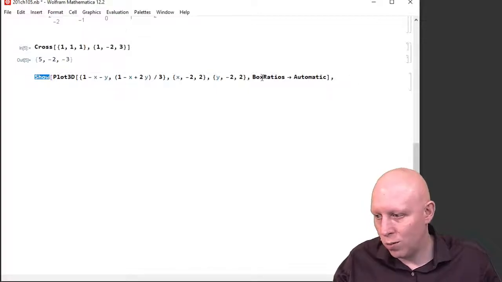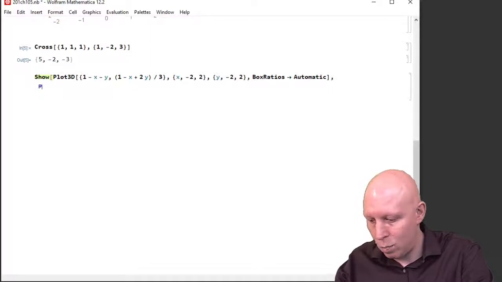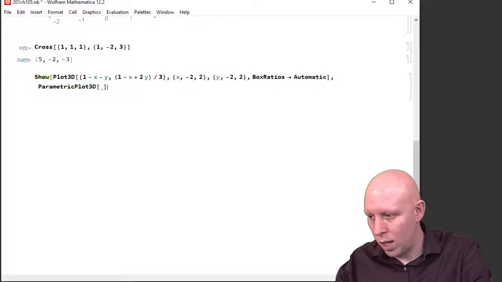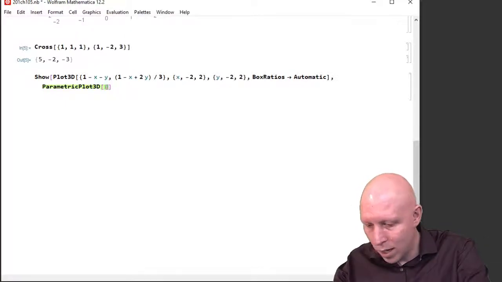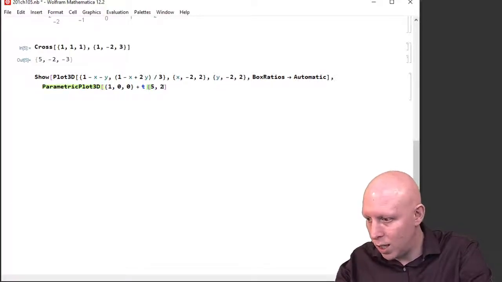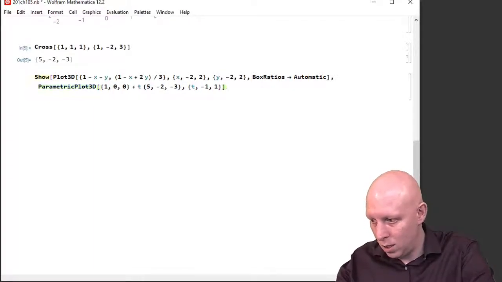So I'm going to show this first picture, and then I'm going to show a parametric plot that starts at the point (1, 0, 0), in the direction (5, -2, -3): (1, 0, 0) plus t times (5, -2, -3). t goes from -1 to 1.